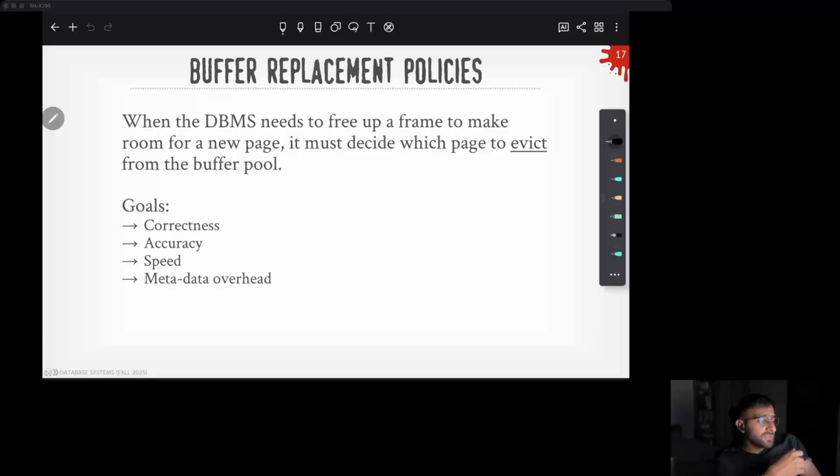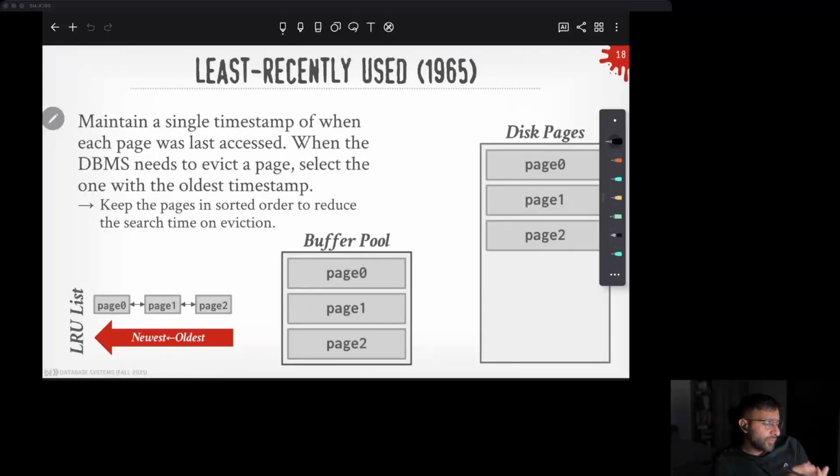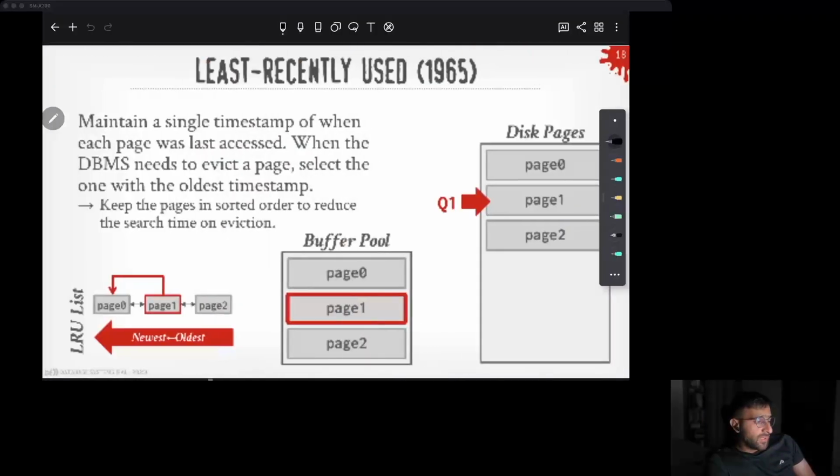Last time we discussed some algorithms, and we'll quickly go over them. The very first algorithm was least recently used, where you mark a timestamp for when a page was used, and depending on that timestamp, you decide whether to evict the page or not.